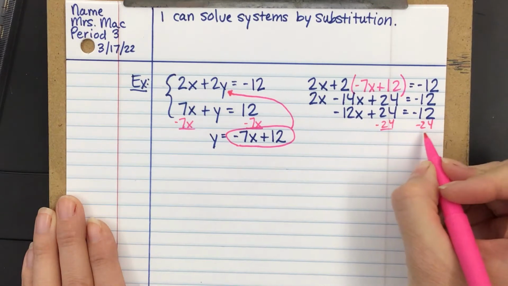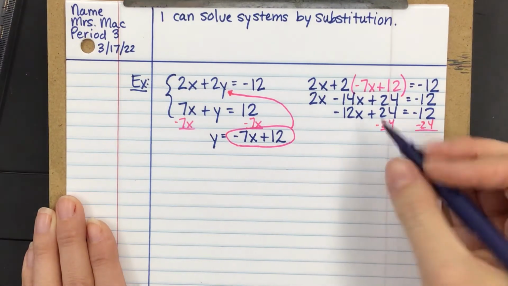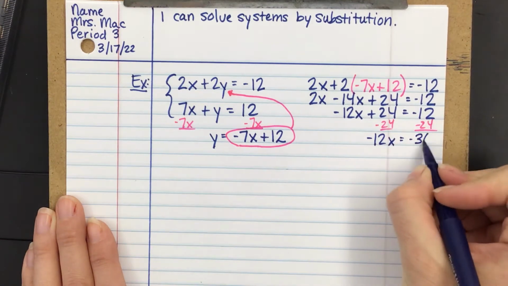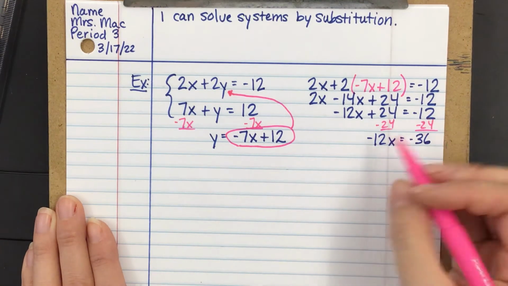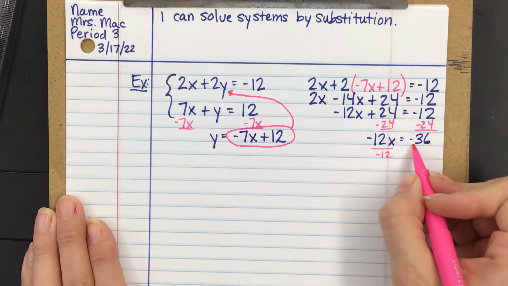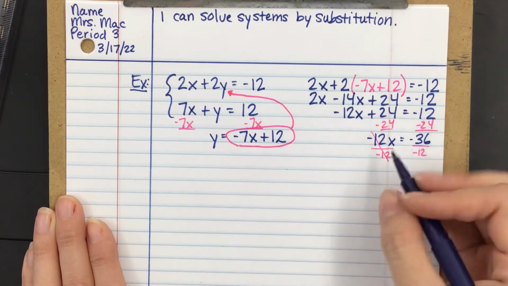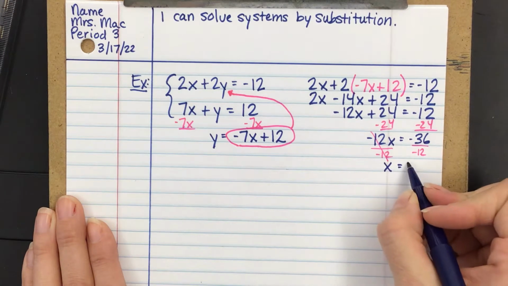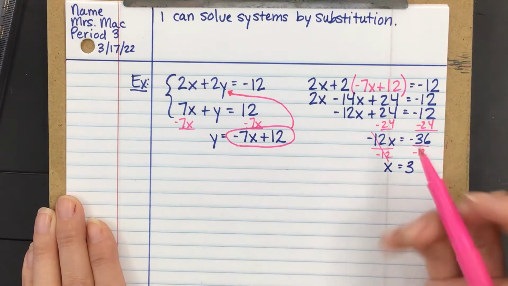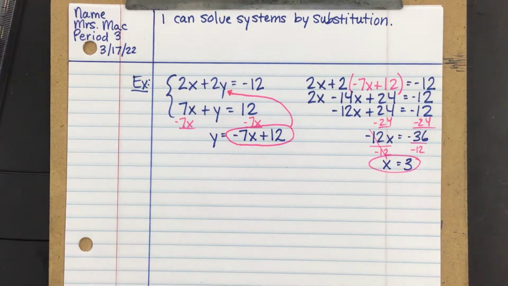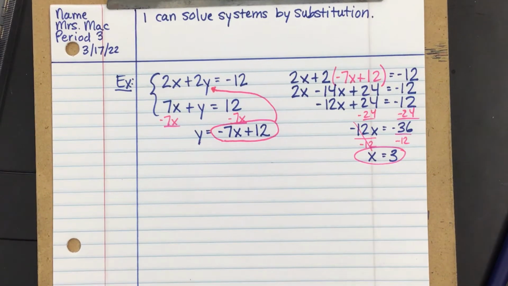I know you guys are pros at this already. Divide both sides by -12. And we get that x is equal to 3. That's our first important piece of information. And now we need to figure out what y will be.